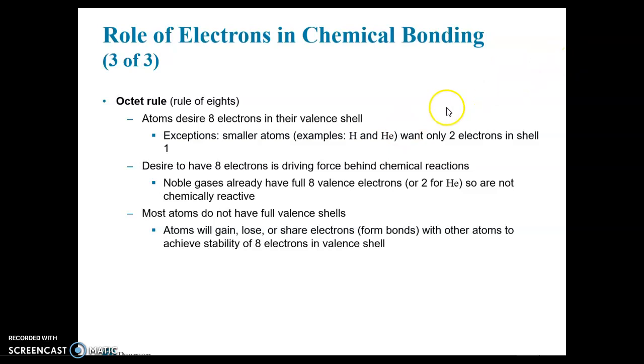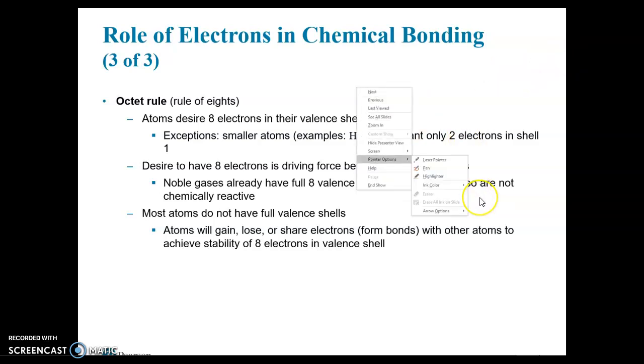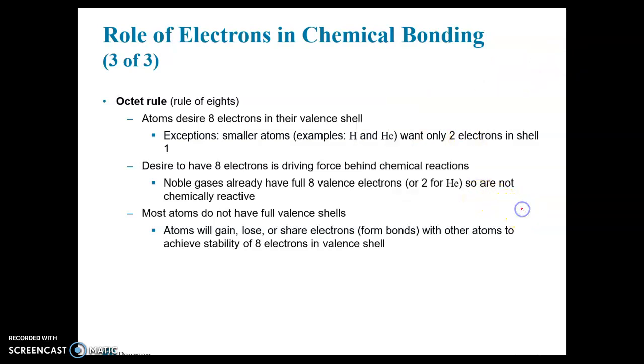You do need to have an understanding of the octet rule, or the rule of eights. Atoms desire for their valence shell to be full, and for every energy level except energy level 1, the valence shell is full with 8 electrons.